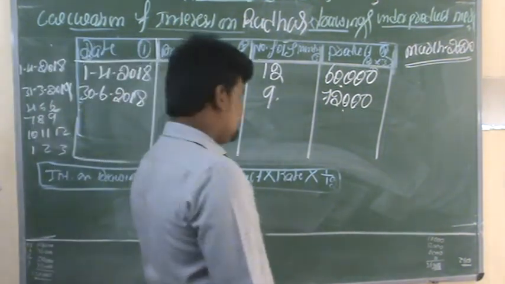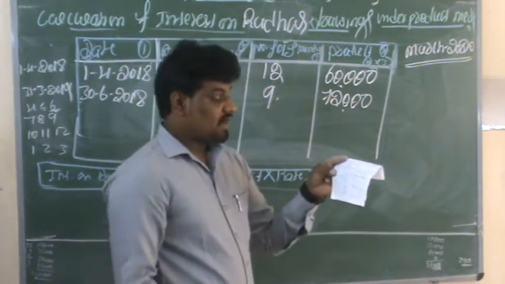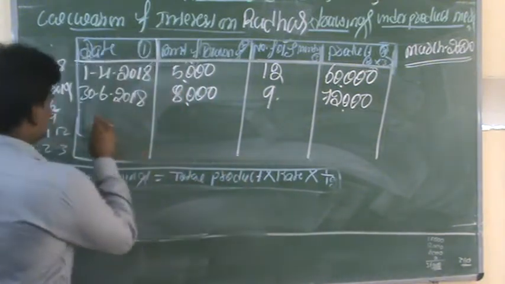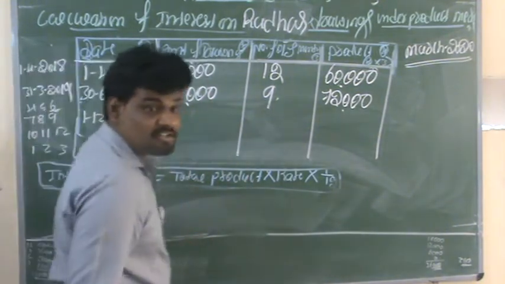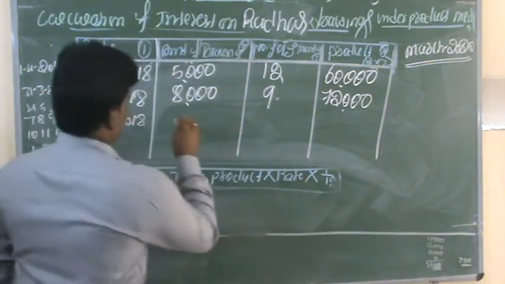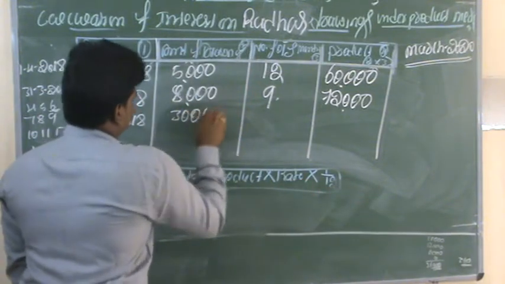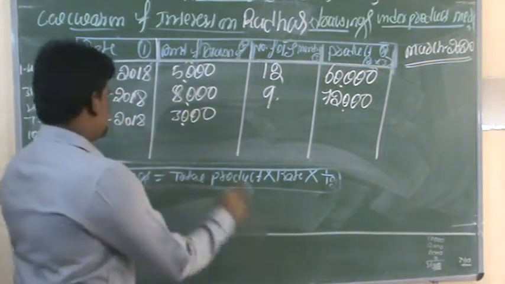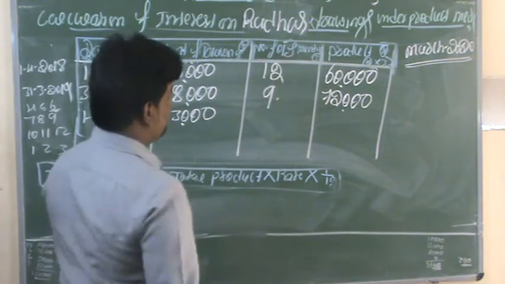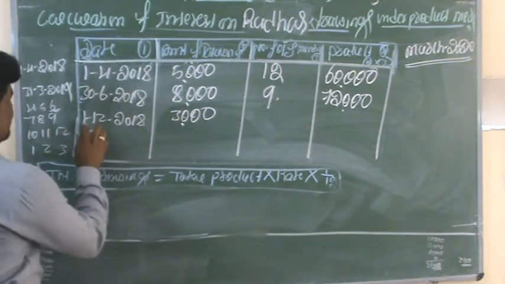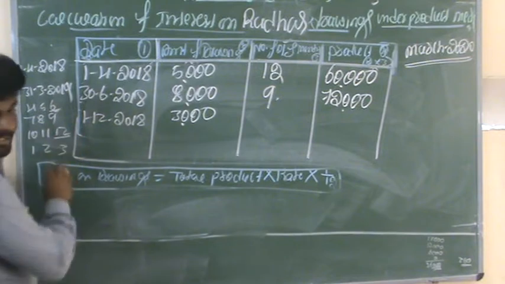Again the partner has withdrawn some more drawings on 1/12/2018. On this date the amount is 3,000 rupees. Now we need to ascertain the outstanding period from 1/12.